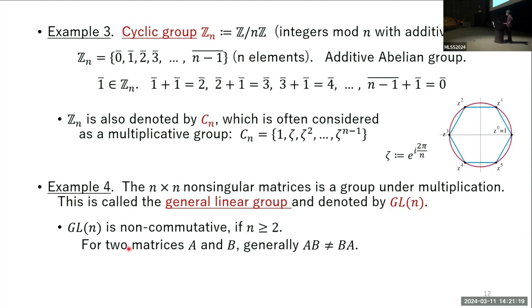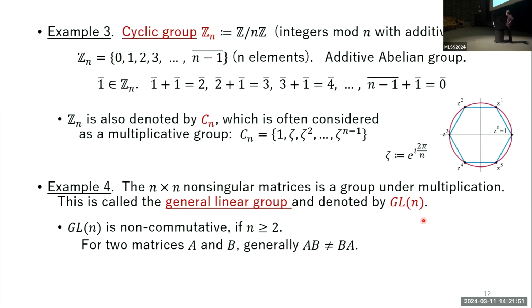So far, I have talked about only the abelian group or commutative group, where A times B is equal to B times A. However, there are lots of examples of non-commutative groups also. Here is the most popular example called the general linear group. This is just the set of non-singular matrices of the size n times n. This is denoted by GL, general linear group, with dimension n.